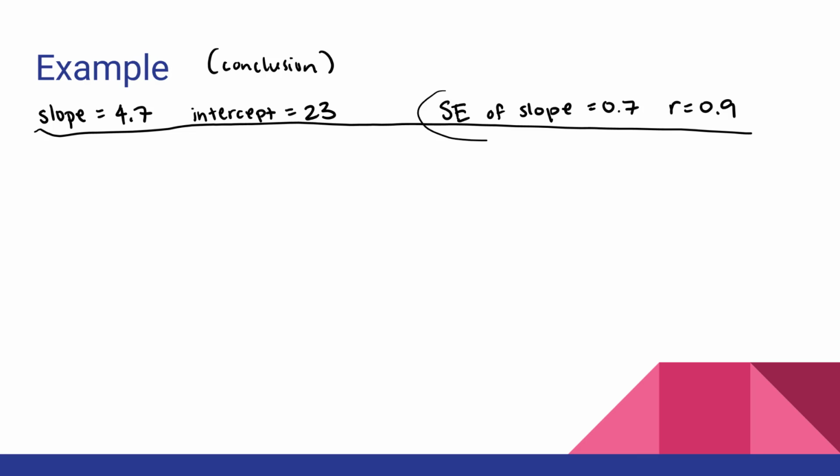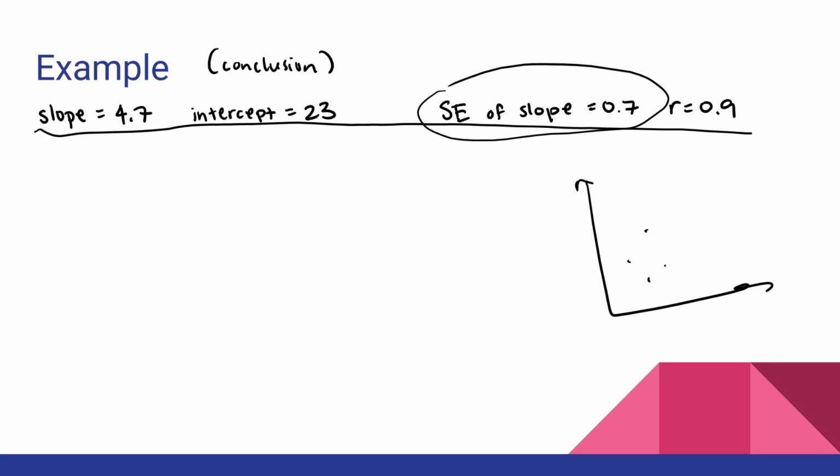The standard error of the slope is basically saying that the calculator took the scatter plot, gave you a line of best fit back, but the calculator says, I know that this is just a sample, and this line probably isn't the same as the one for the entire population, so I'm going to give you a standard error as well. What that standard error tells us is it gives us a little bit of room to move around when we actually start talking about the entire population and estimating where the population slope is as opposed to this sample slope.